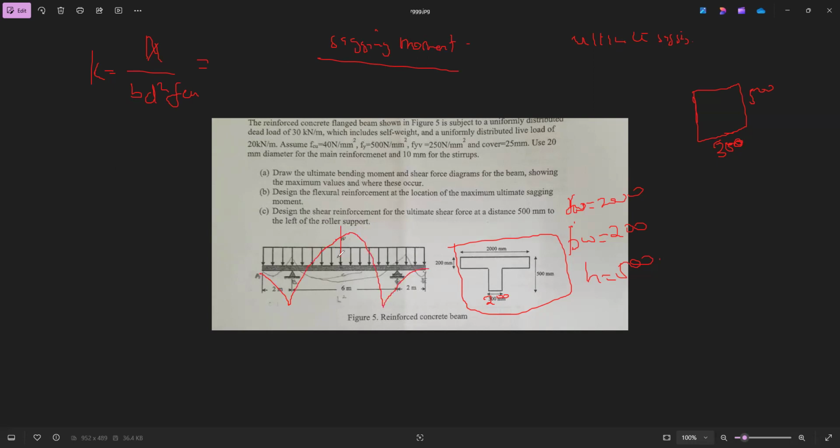So here, when you cut this section, this is how it looks. But when you cut it at the support here, it's a rectangular section. So you have to design two things: you are designing for a flange, this one, and you are designing for a rectangular section.